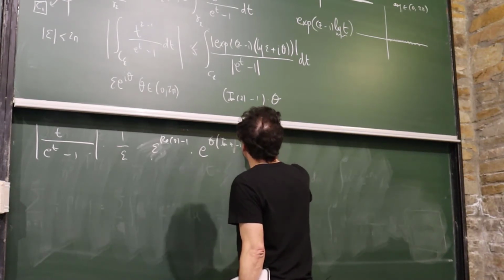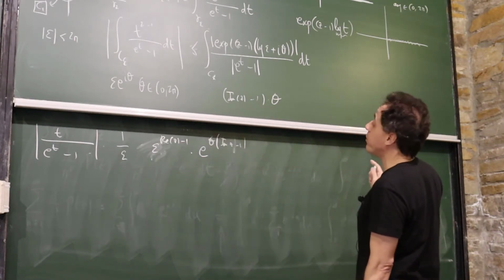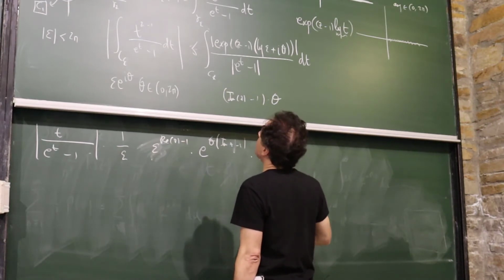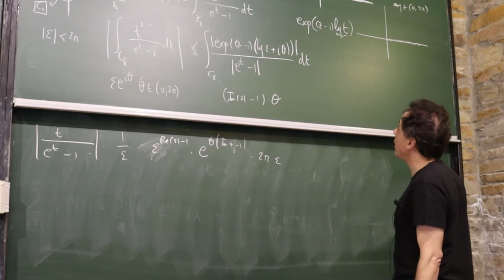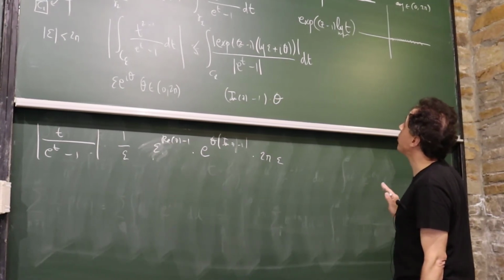Imaginary part of z minus 1. Okay, I'm not sure if I haven't made some mistake. So this 2 pi epsilon we must have here.